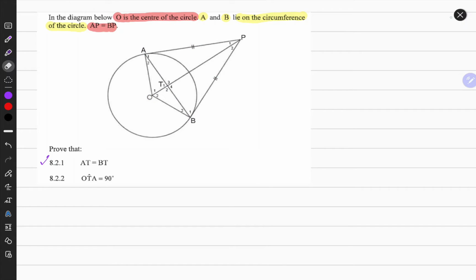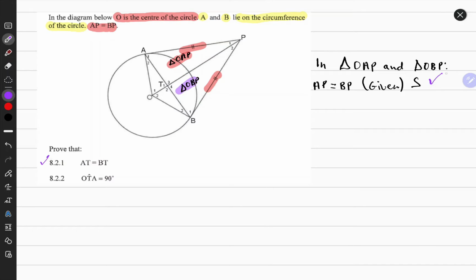So let's work with corresponding angles and congruency of triangles to find some of the unknowns in the given diagram. So our first focus will be on the bigger triangles. That is triangle OAP and triangle OBP. Notice that in triangles OAP and OBP, AP and BP are line segments that are equal in length, so that's worth noting.